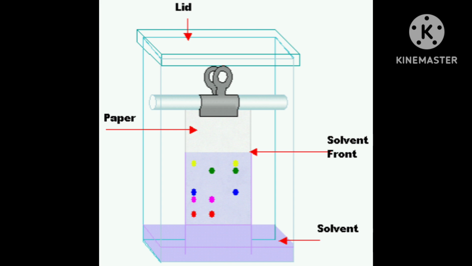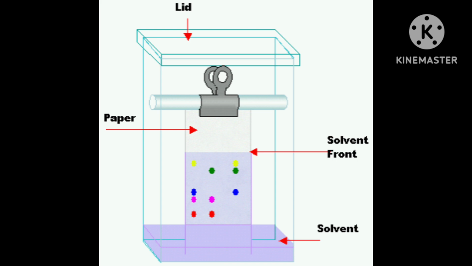That is the purpose of chromatography paper, that it will absorb water molecules. That water is already trapped inside the paper and will function as a stationary phase.